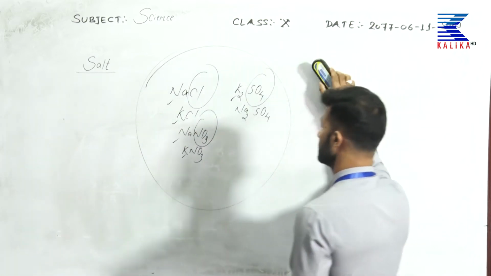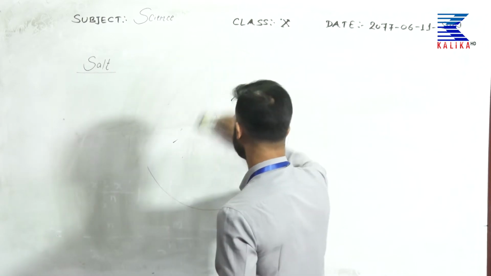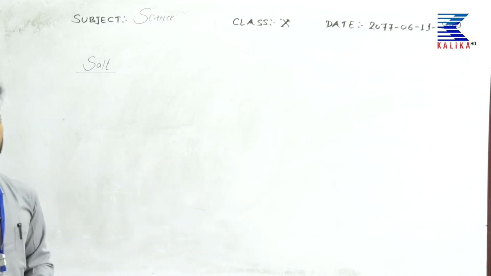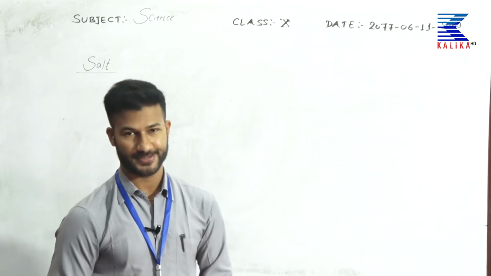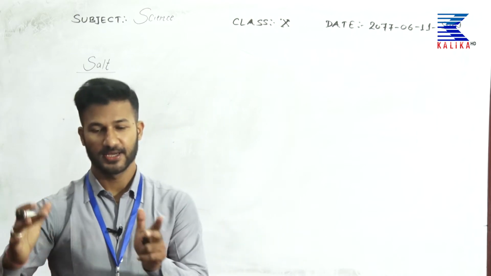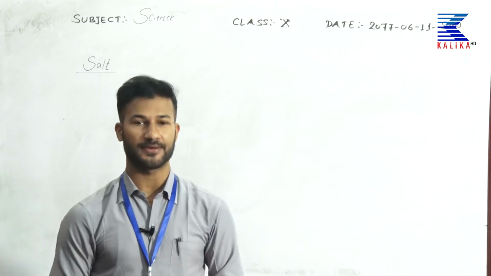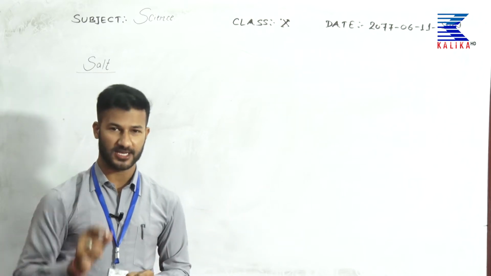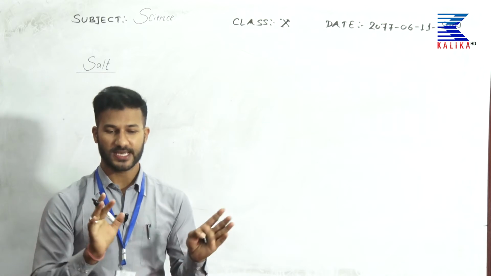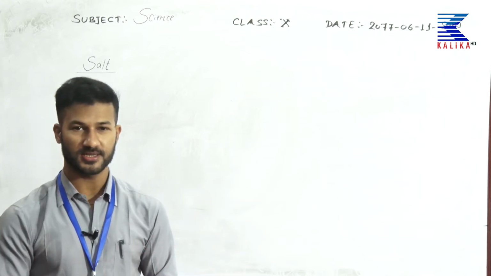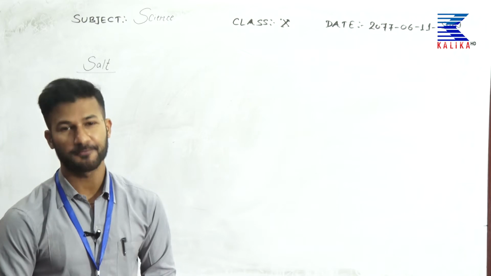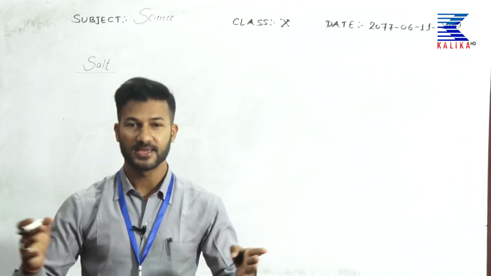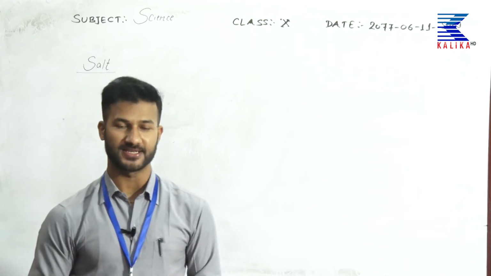Now, I am going to show you some other things about this salt. See here everyone. How do we prepare salt, and what are these salts in terms of their definition? Salts are those chemical compounds which are obtained by the partial or complete replacement of hydrogen atoms of acids by metal or ammonium radical.